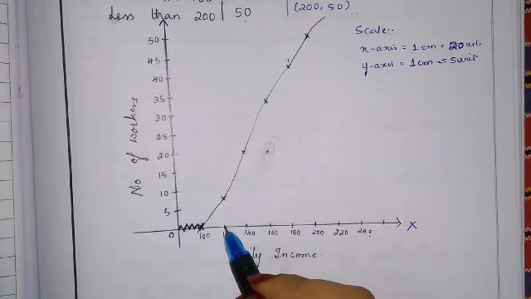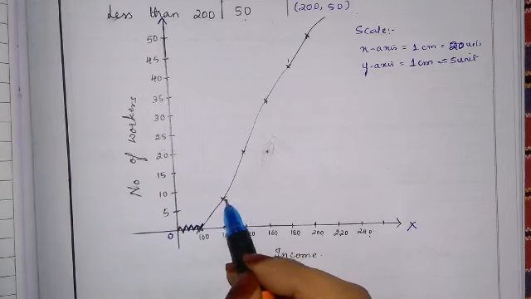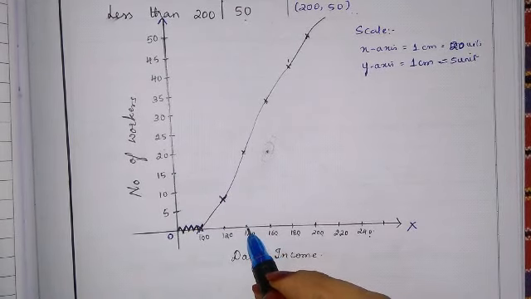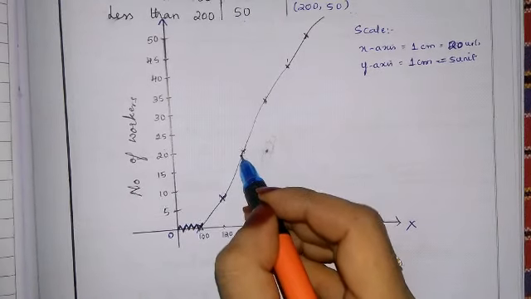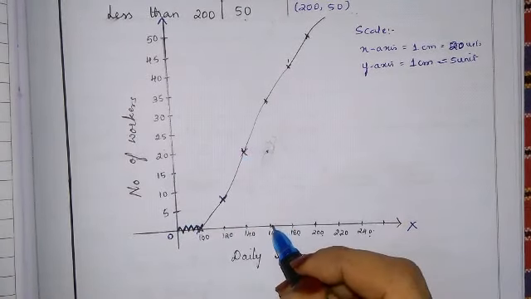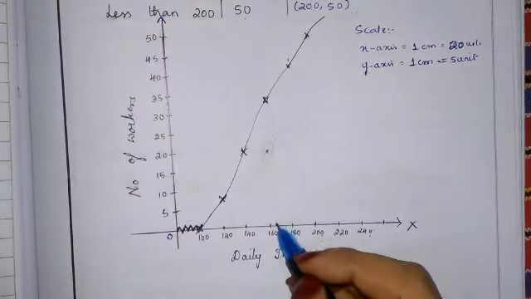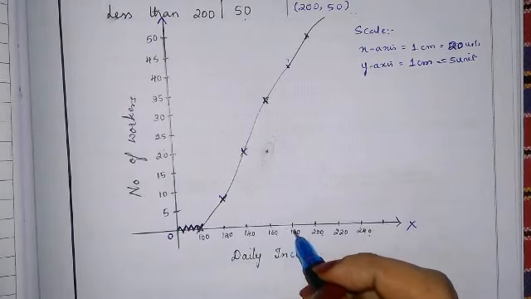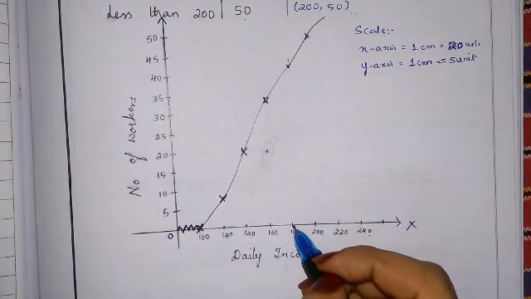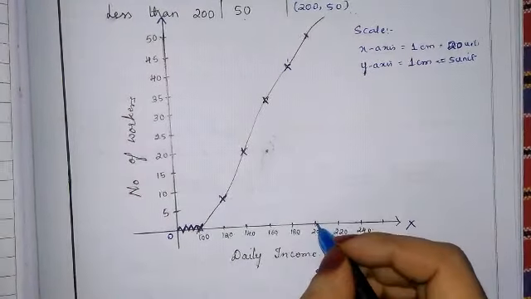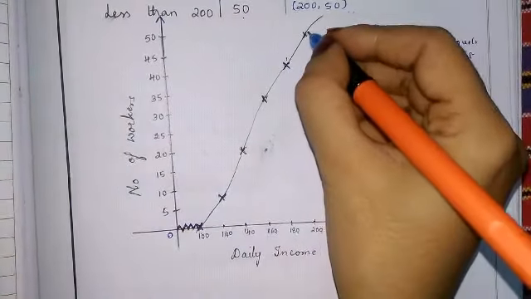X 120, y 8, between this line. X 140, y 20, exactly on 20. X 160, y 34, just below 35, 1 unit. X 180, y 44, above here 44. X 200, y 50.